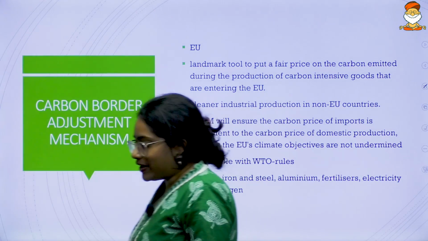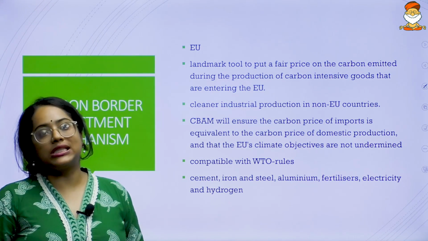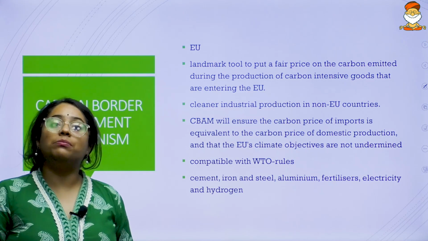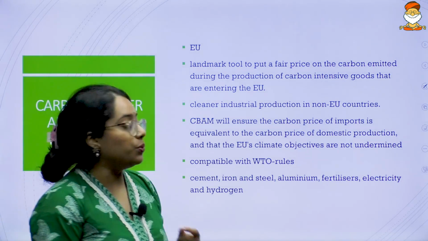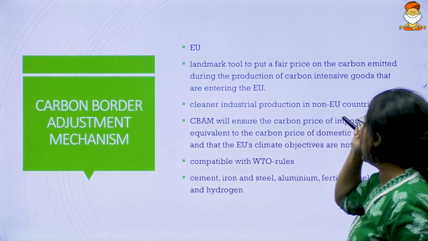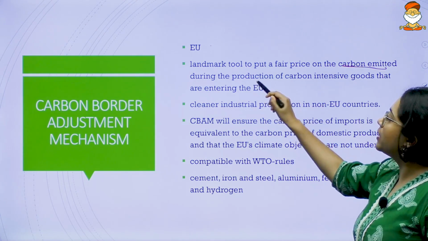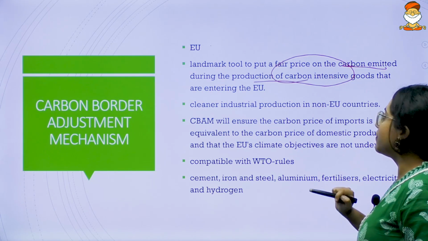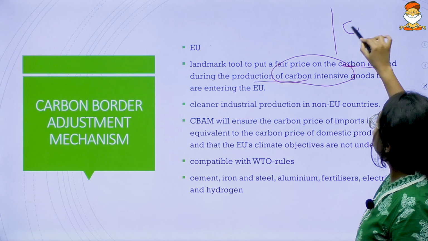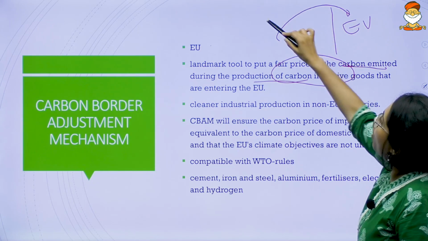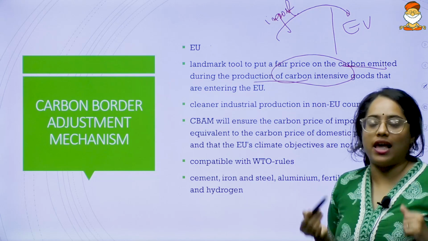The next thing that we have to discuss is something called as Carbon Border Adjustment Mechanism. The Carbon Border Adjustment Mechanism is an initiative by your European Union. What they're trying to do over there is they're trying to put a fair price on the carbon emitted during the production of carbon intensive goods that are entering EU, which means anything that enters EU borders through your import, they already would have some benefits, etc., right?